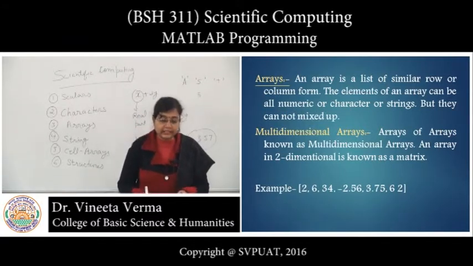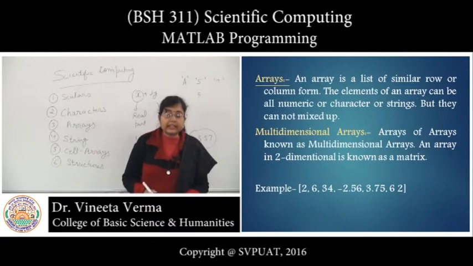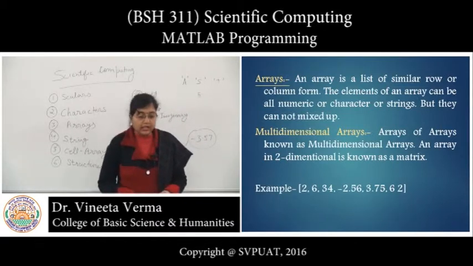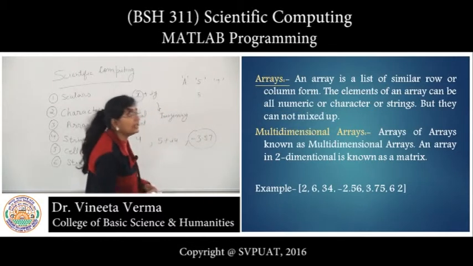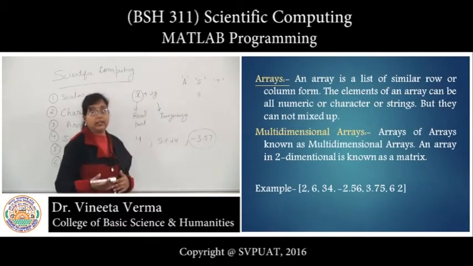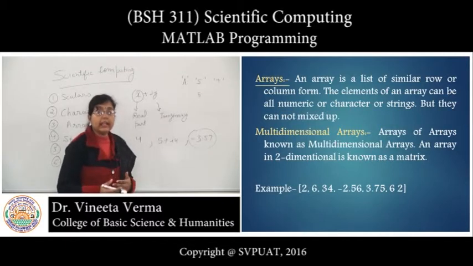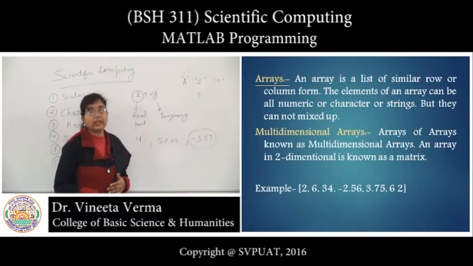We can only take all numeric, or all characters, or all strings, but they cannot be mixed up. And a multidimensional array is an array of an array. We can take one array and another array in it. Array of an array is called a multidimensional array.